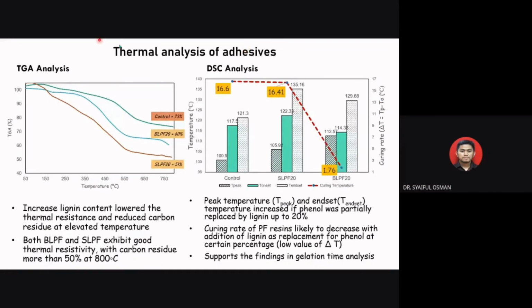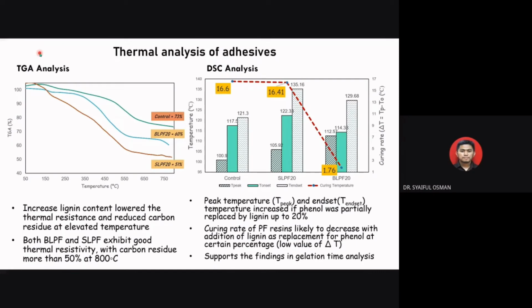And here we have a thermal analysis of lignin. In this section, the thermal analysis of LPF was also evaluated, and we have a figure of the TGA and DSC analysis. TGA, if you still remember, gives the information of the weight loss of a material in relation to temperature degradation.